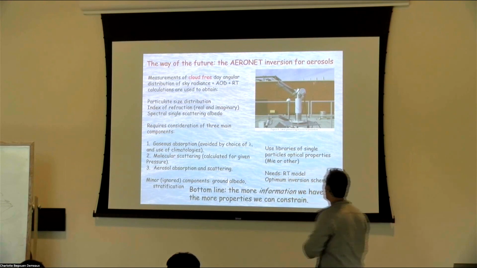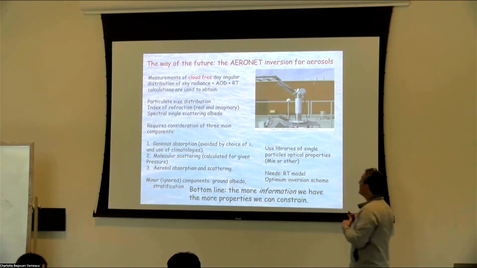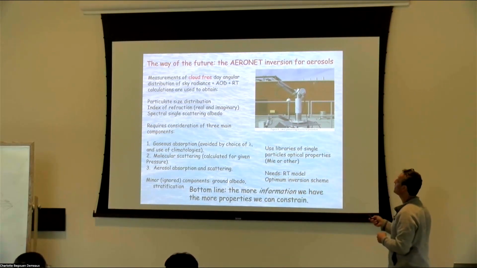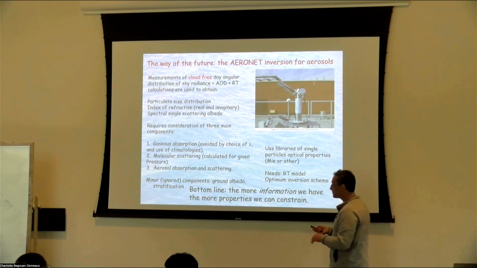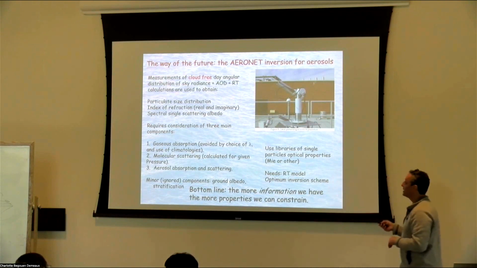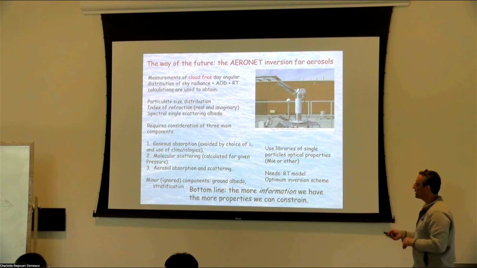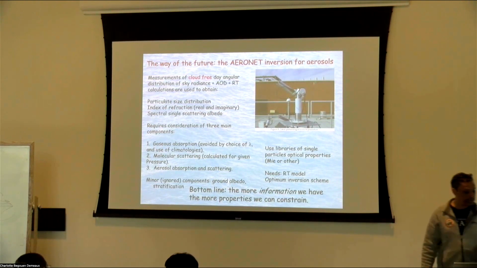And that's really my hope for us in our field. They use libraries of single-particle optical properties. They use radiative transfer. They use a whole variety of all the tools they have in the game. But the bottom line is really the more information we have, the more properties we can constrain.